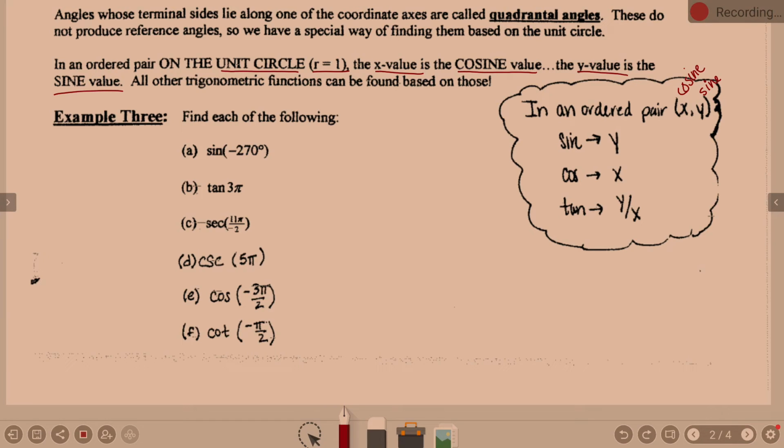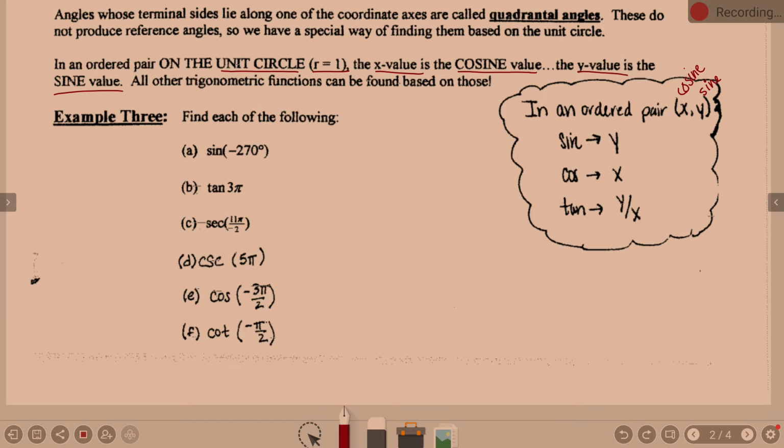Sine is always your y value, because think about sine. Sine is opposite over hypotenuse, right? What is my hypotenuse always in the unit circle? 1. And so your y value is always going to be your opposite value.